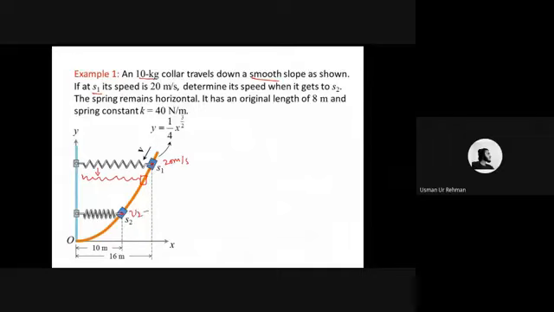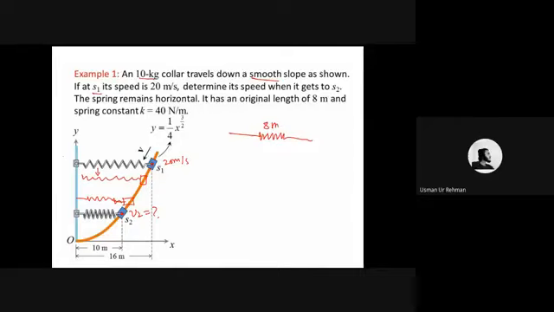What do they want? The speed at S2, right? The spring remains horizontal. It has an original length of 8 meters. How much is the original length of the spring? 8 meters.